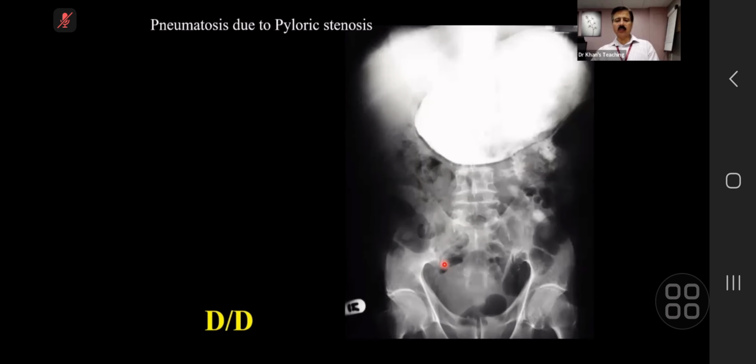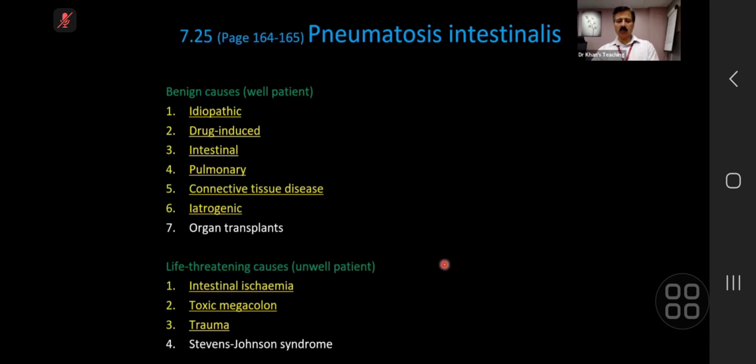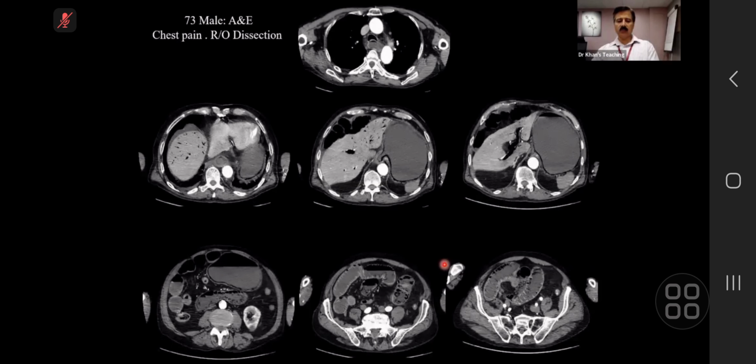When air goes inside, it will go into the wall. So secondary to any kind of obstruction, you can get a bit of pneumatosis. So this is a case of pyloric stenosis, which has presented like this.